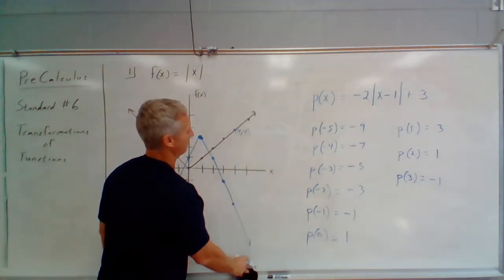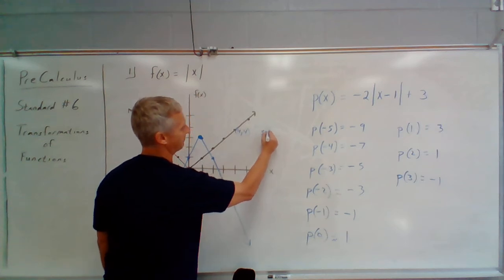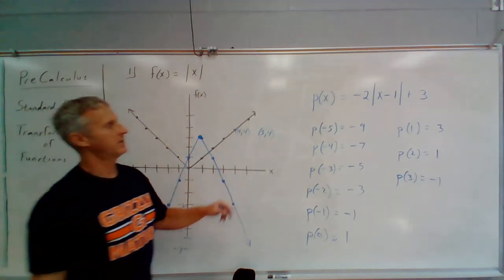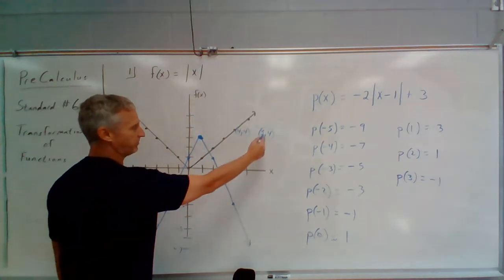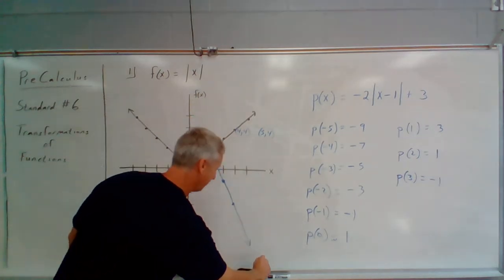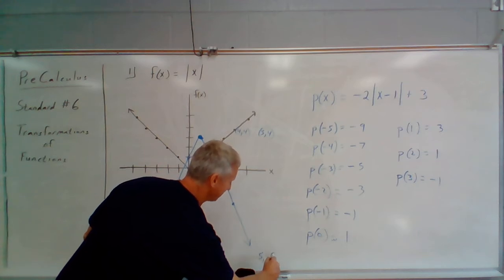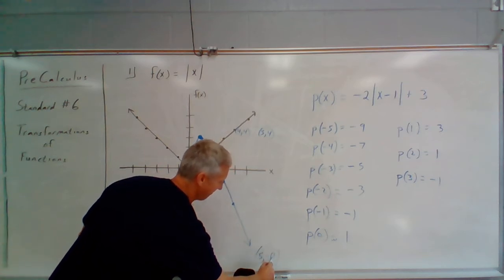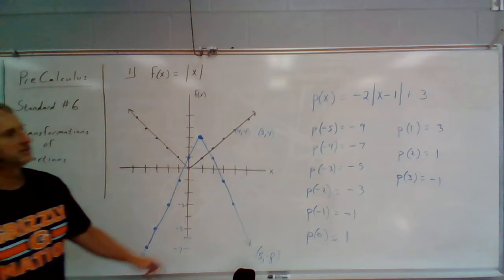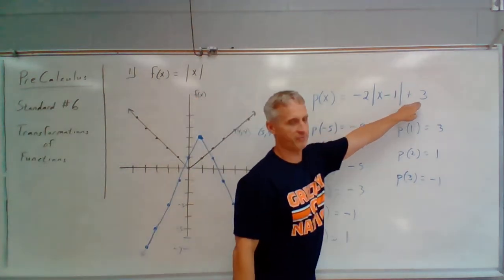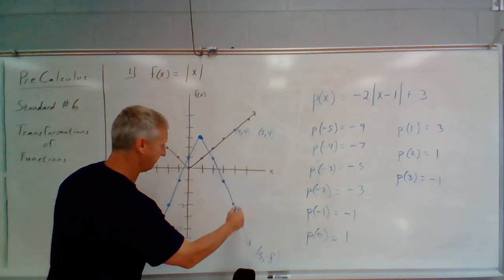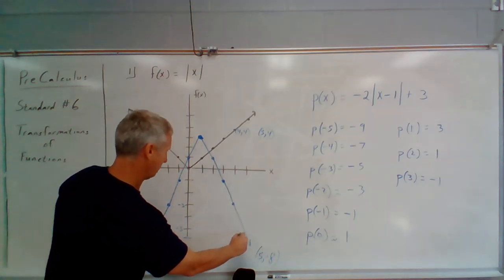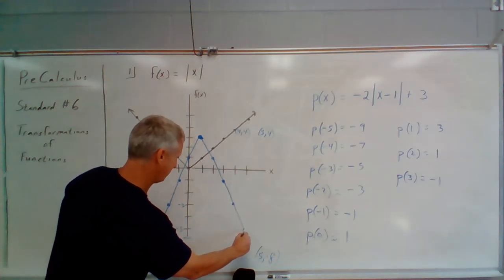If I multiply the y value by negative 2, this point will now be down here at 5, negative 8. Then if I shift that point up 3, this point will then go to 5, negative 5, which would be right here.